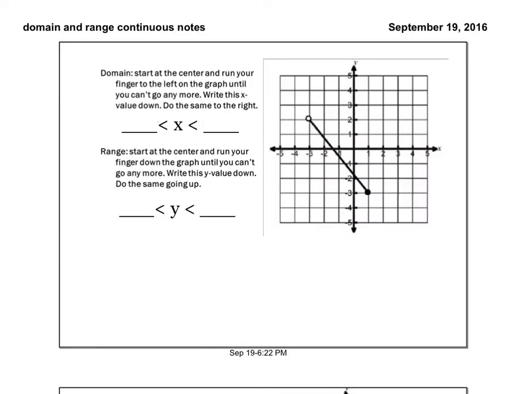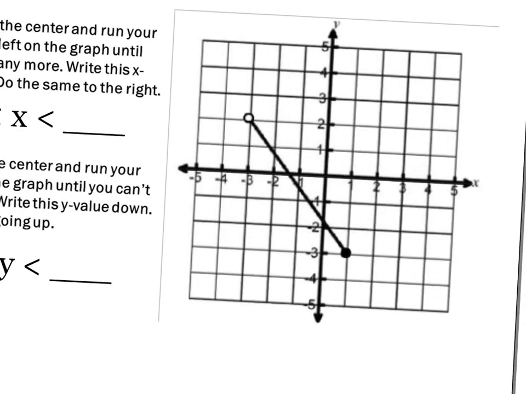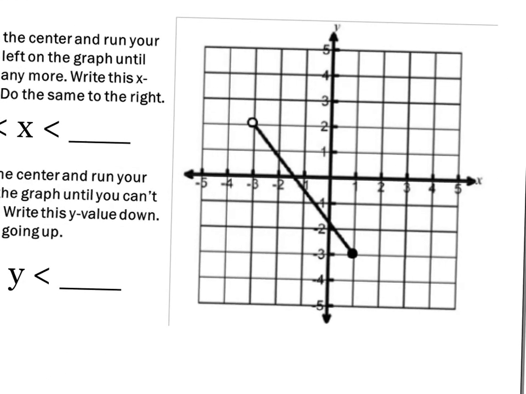Okay, so now we have another one just like that. So looking at it, which one has an open circle? The -3 or the +1 on my x-axis? Yeah, my -3. So I'm going to zoom in a little bit so you can see a little bit better. And on my x-axis, I see a -3. So I'm going to put a line right here. And I'm going to put a line on 1.